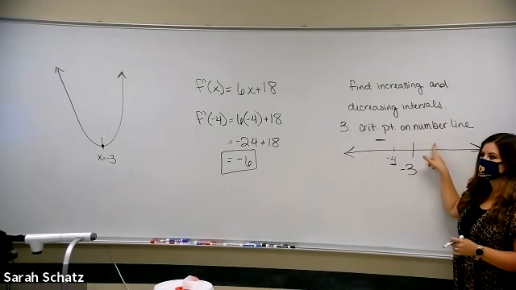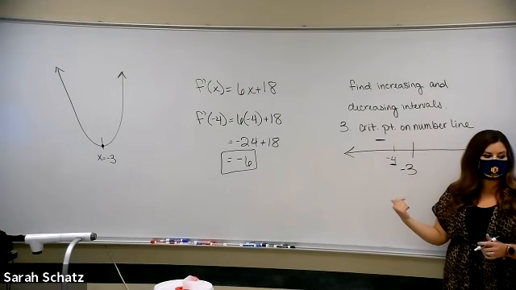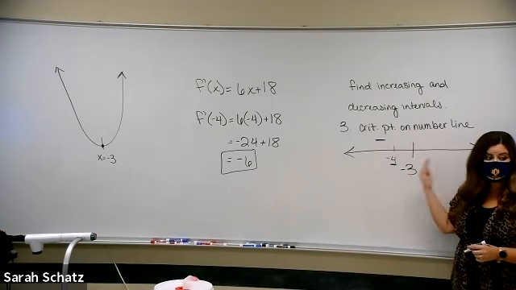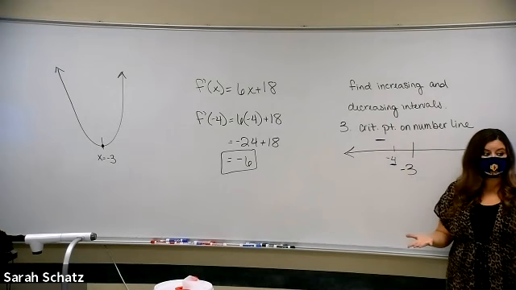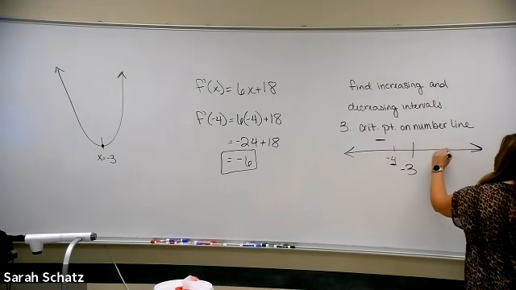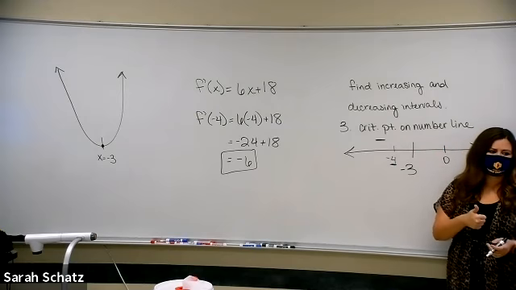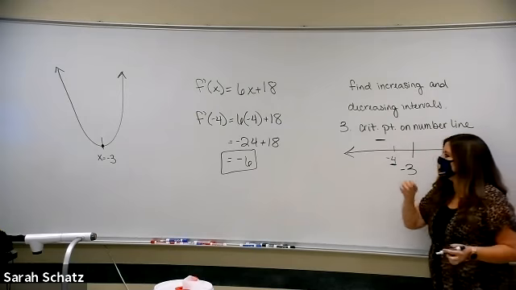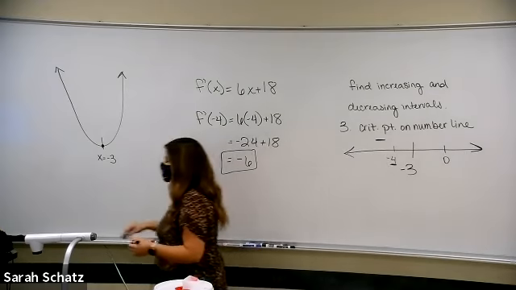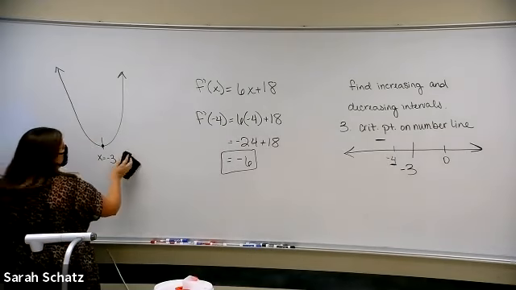So this is negative, it's going down. Let's test something on the other side of -3. We can test whatever we want over here. I'm going to use 0. 0's over here somewhere, isn't it? If 0 is in your interval, I would definitely use that to test. It's so easy, right? So let's test 0. Remember, we're testing in the first derivative.